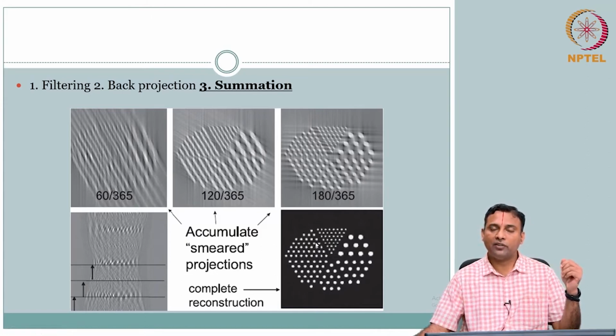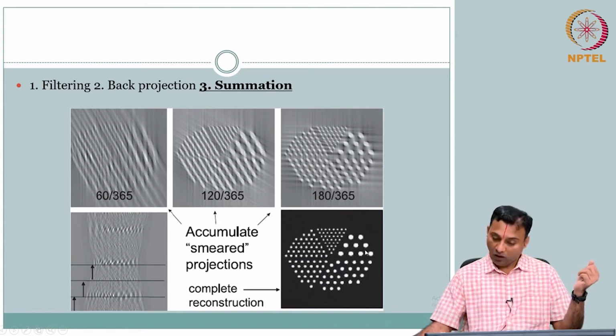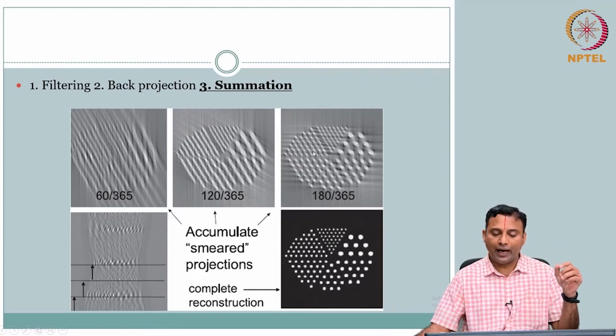And look at the contrast when we did only back projection, not filtering, right? This one is pretty close. This is like an object, right? This is fantastic. So how did we get this? Each one of the back projections itself contributed a little bit, but when you add all of that, you get a complete reconstruction, which is pretty good. So this is all it is. This is what we covered.